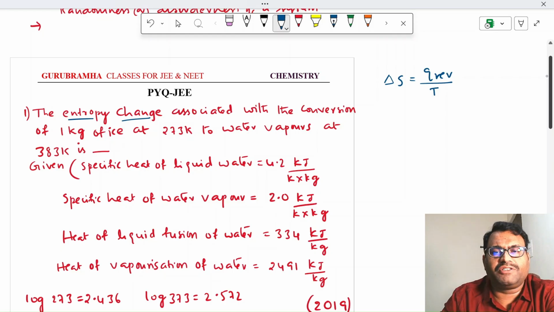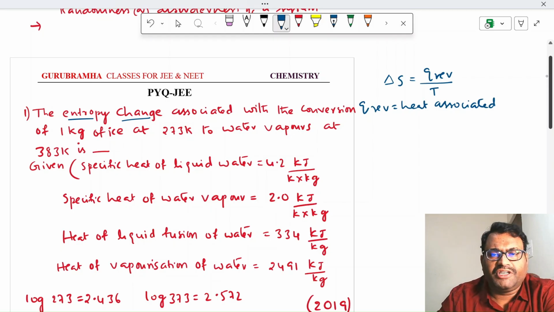What is Q reversible? Whatever the heat a system is taking during a reversible process. So Q reversible is the heat absorbed in a reversible process.